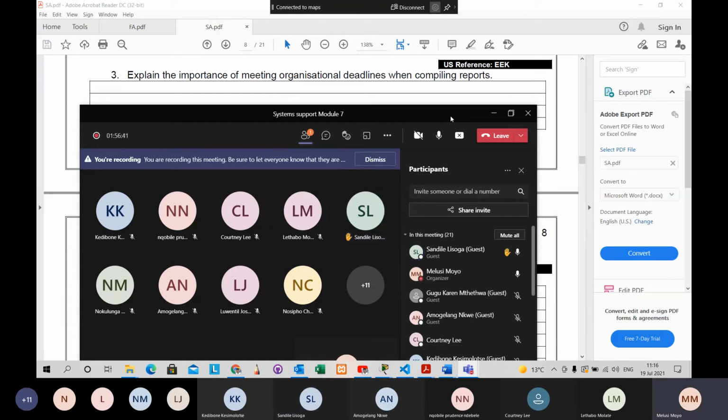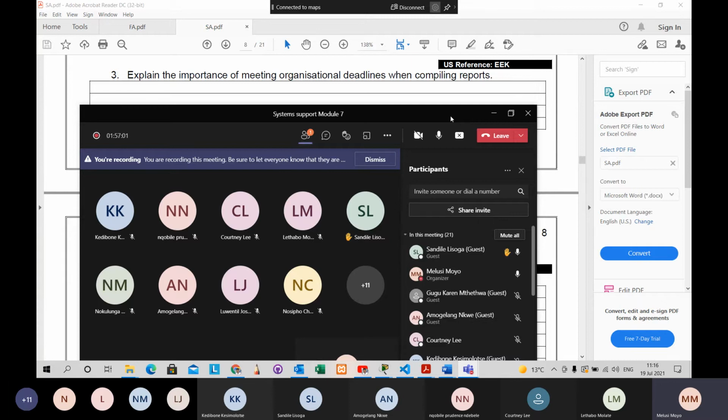The client will be happy if they always receive their reports on time, without having to ask you for them. So if you can send the reports before even the deadline, that will make the client happy. They don't need to be calling you and checking up on you, asking where is my March report.